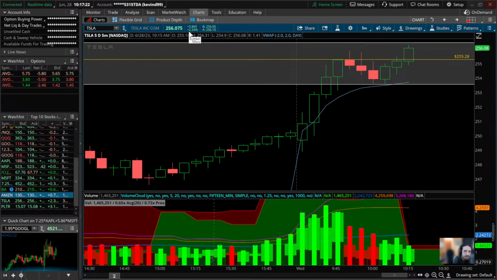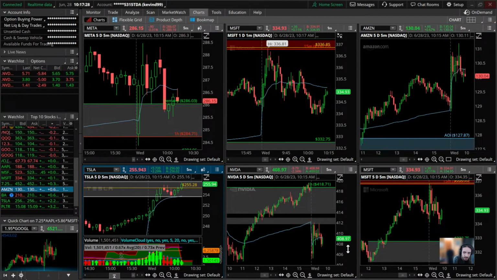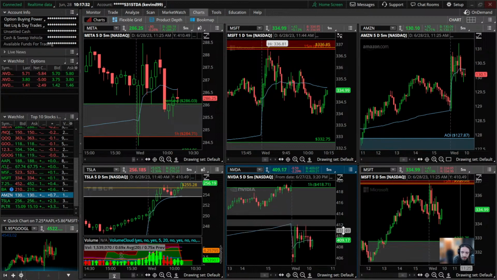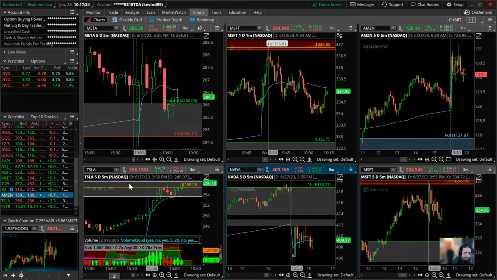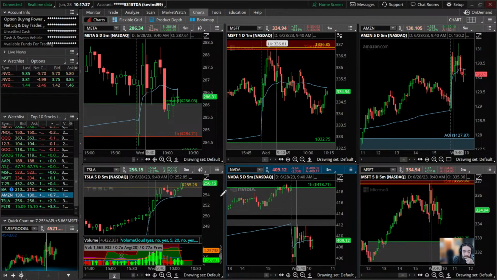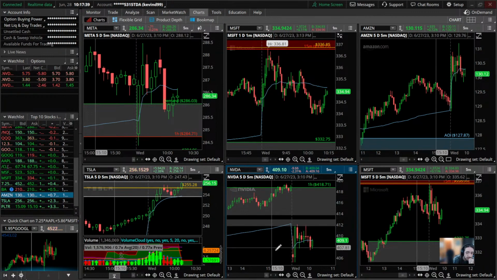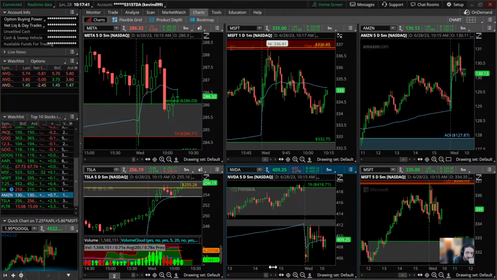With a 2% change, we're up $5, almost $6 on Tesla from the open. Whereas something like Nvidia is down $9, almost $10 from the open. Got a big gap to fill too.